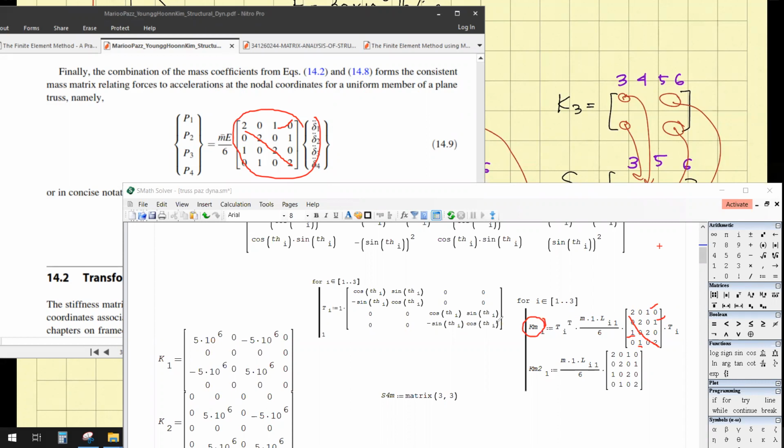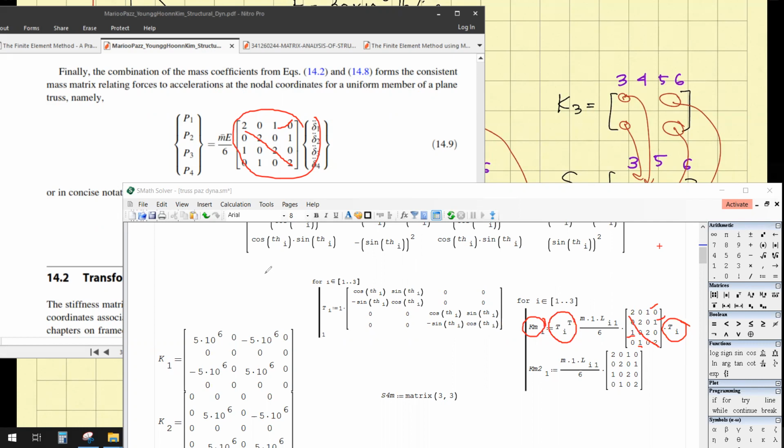So, the mass matrix per member. You can see we have a transformation matrix here, because this is the mass matrix in the local axis, but you should transform this to global axis.